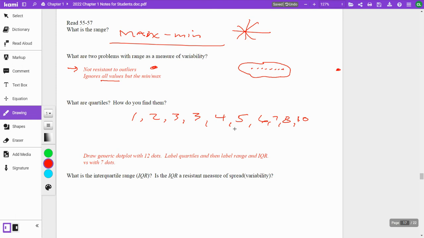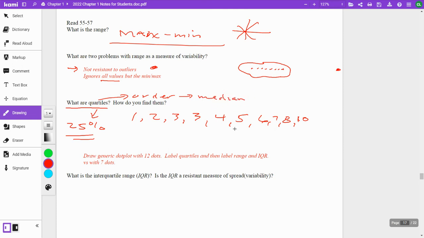Let's just go with that. Okay. So if we're looking for quartiles, that means 25%, right? So this is what we deal with. Quartiles have to do with order. So if they do with order, that means they go with the median.